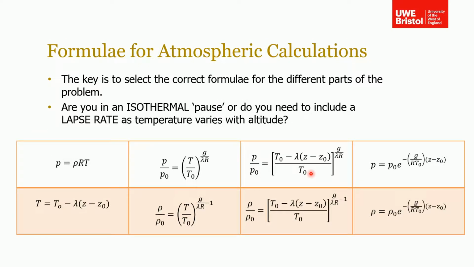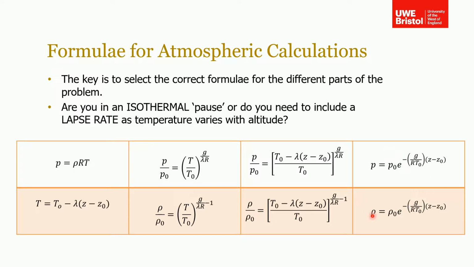Okay, so in this lecture we've derived quite a few formulae, 6 to be exact. And so just a word of warning, you need to be quite clear which equation you're using for which type of problem. So if you remember, we start over here.